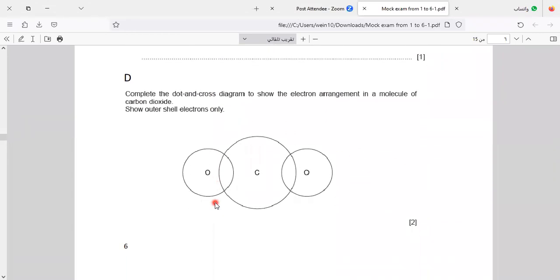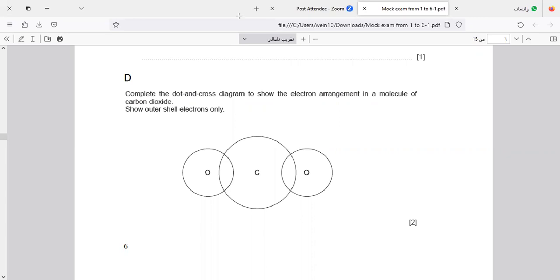This question asks for a dot and cross diagram of carbon dioxide. I started with oxygen. In the outermost shell of oxygen, there are 6 electrons. How do you know? Because oxygen has 8 electrons, its structure is 2,6. In the outer shell, there are 6 electrons.